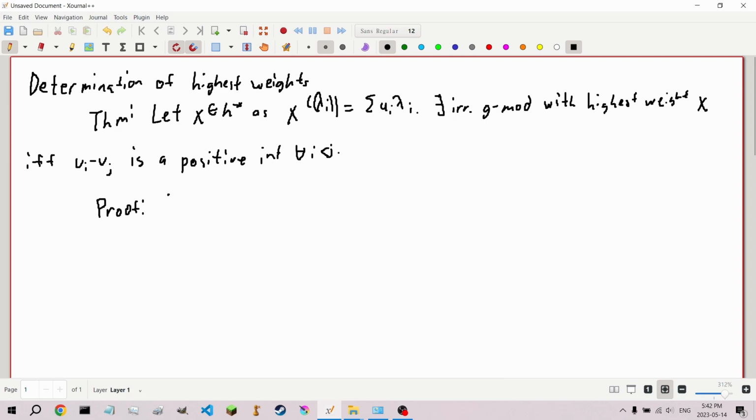Proof, and we're doing that it's necessary only. We have that u_i minus u_j is equal to chi of h_alpha, when alpha is the positive root λ_i minus λ_j.